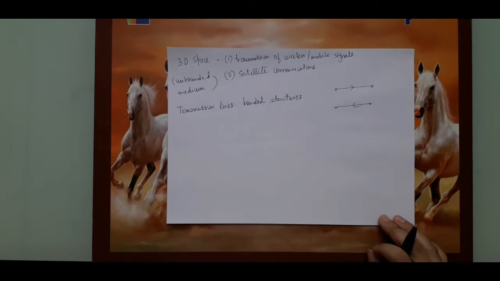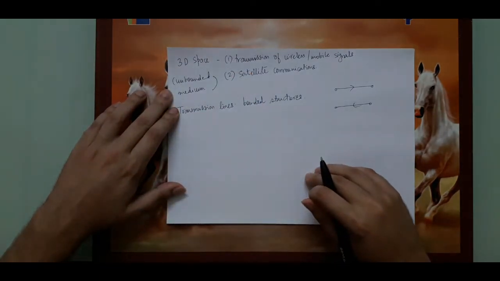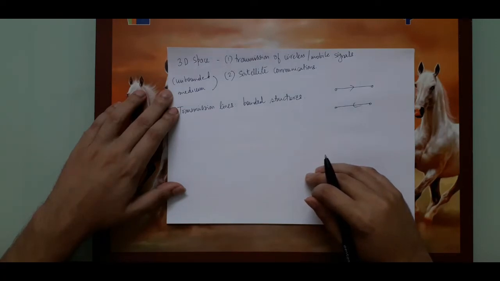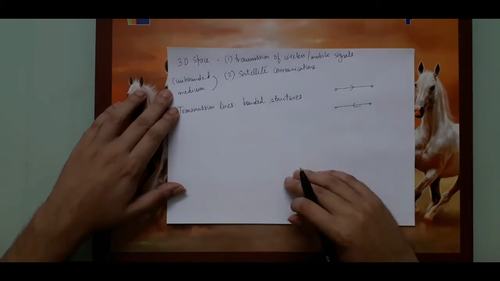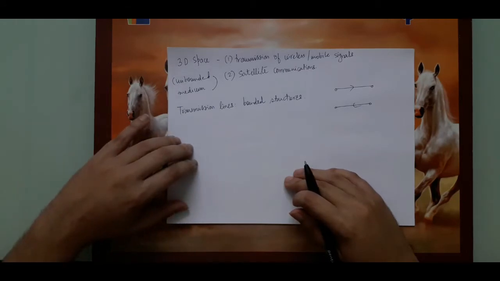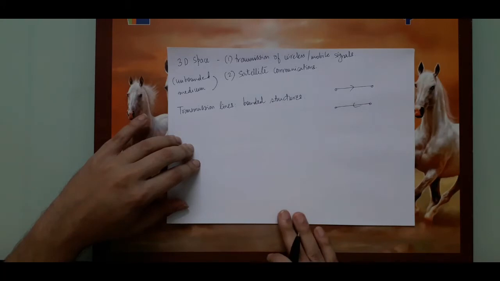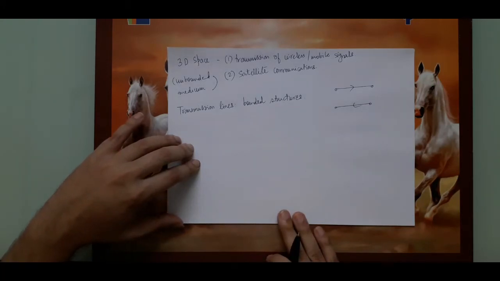I am not saying that when wireless signals travel, it is always unbounded. What I am saying is that when a wave leaves our mobile, just like in a transmission line, it does not know what is at the end of that line.